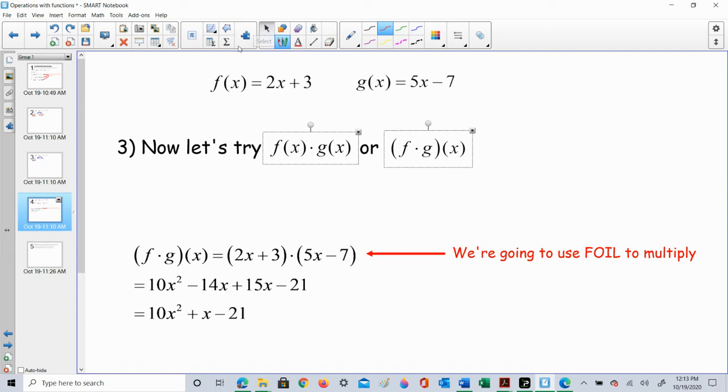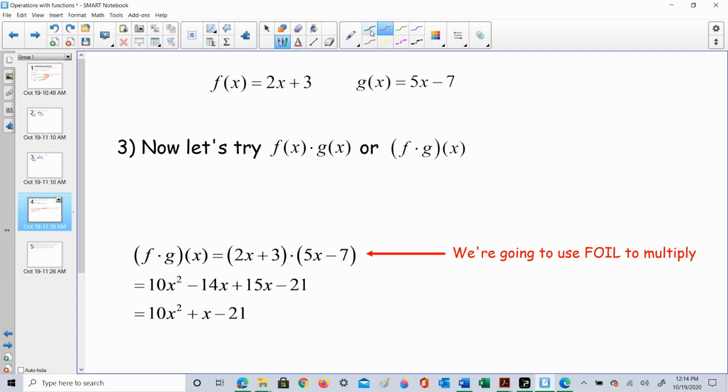Now, we're going to try multiplying. That's just slightly harder, but not that much. So f of x times g of x, or f times g of x, either way you can write it. We're going to replace f of x and g of x with 2x plus 3 and 5x minus 7. Now, right here, we're going to use FOIL, right?